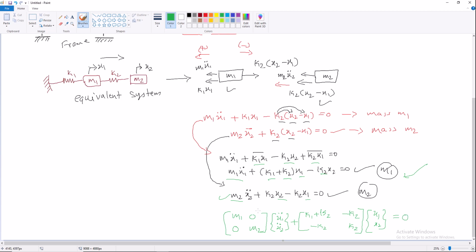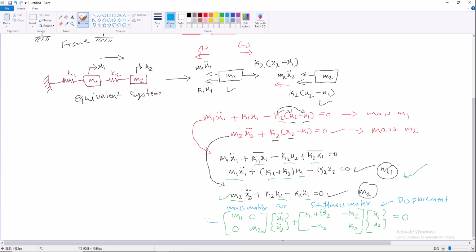So what I have done is just rearrange the terms and write the mass matrix, the acceleration, the stiffness matrix, and the displacement.